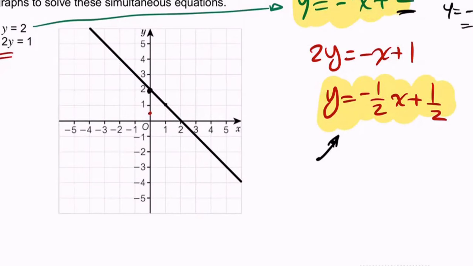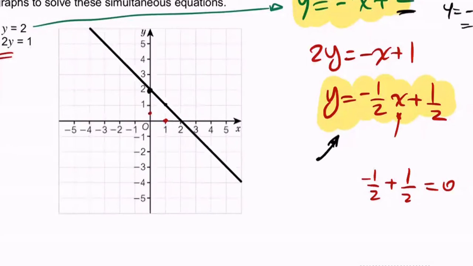Then we need to substitute one value, and you substitute it with any value, so maybe 1. 1 is okay. Why? Because if you do negative half times 1, negative half plus half equals 0. Do the calculation on the calculator, don't feel bad. So when x equals 1, y equals 0. So this is the point. So now I can also draw this line.